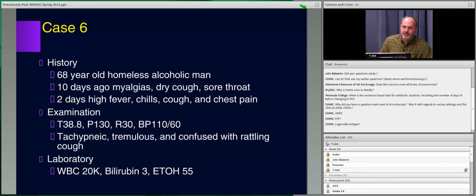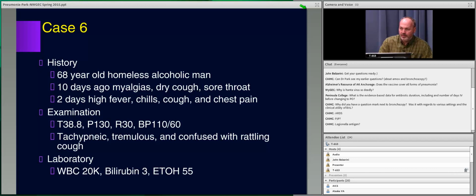It's highly specific, even in people who've been treated with antibiotics already. Pneumococcus kind of goes away immediately, but not before it stirs up your host response that causes your sepsis and your ARDS and so on. But the antigens will be released and appear in your urine for several days thereafter.